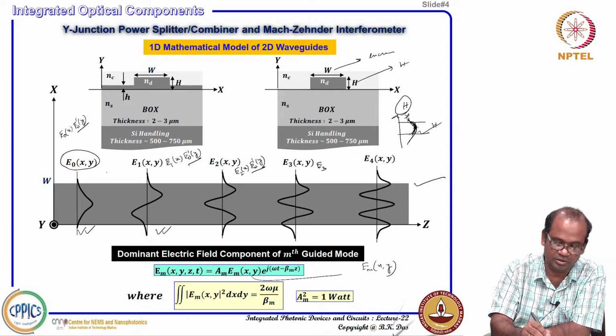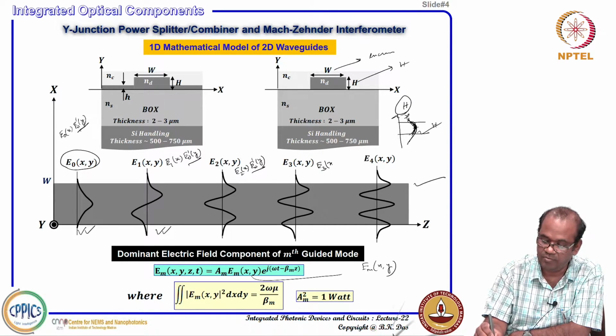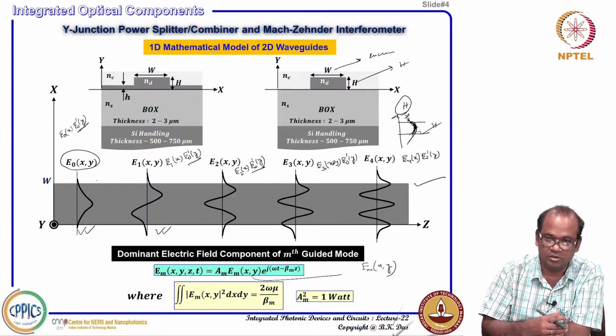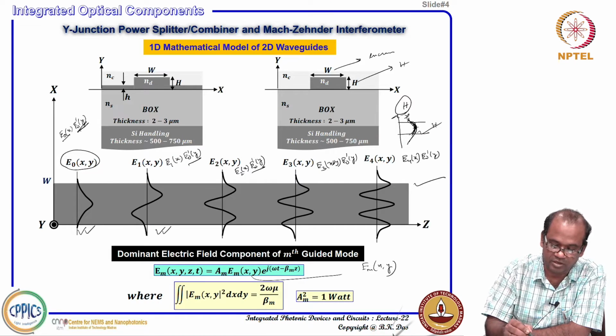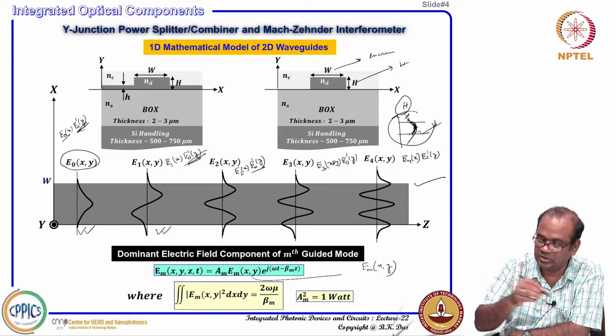Then E 3 x and E naught prime y, and E 4 x and then E naught prime y. So, when we solve, we can assume that these field distributions can be expressed by separation of variables. There is an x dependent variable and a y dependent variable, and the y dependent function I assumed to be the same everywhere.